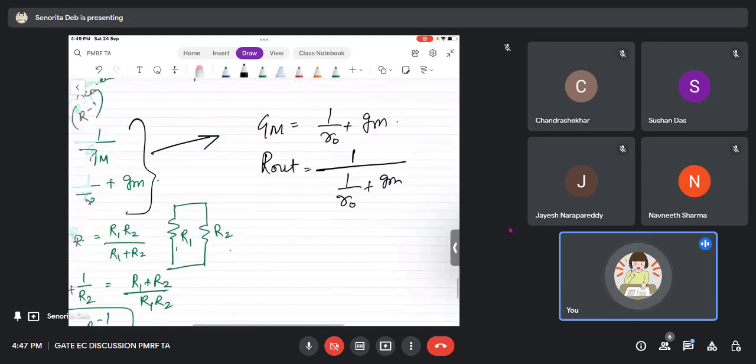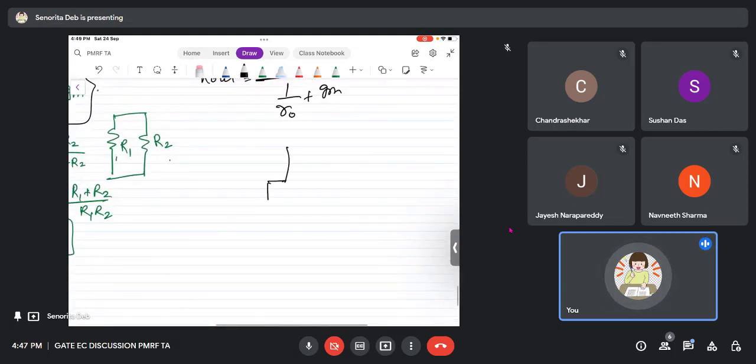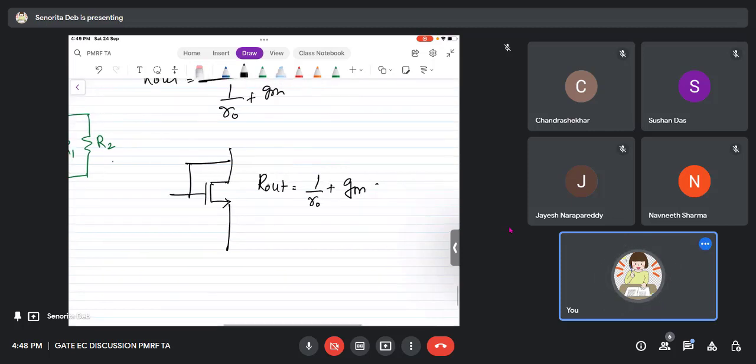Therefore you must remember this result. It is an important result that in a diode connected load, whether it is a PMOS or an NMOS, doesn't matter, the R out is always 1 by R naught parallel to GM.